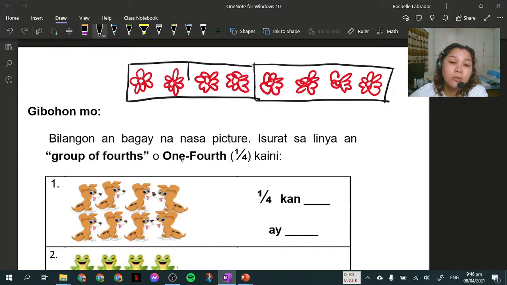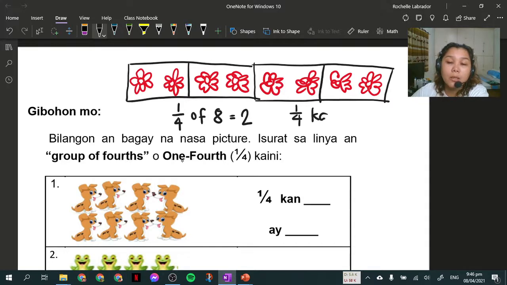So, now, 1, 2, 3, 4. We now have 4 groups. So, 1/4 of 8 is 2.